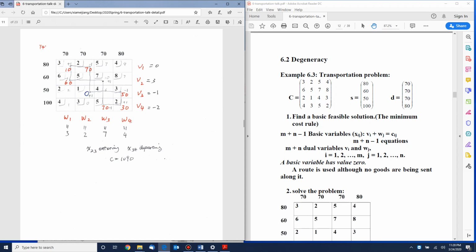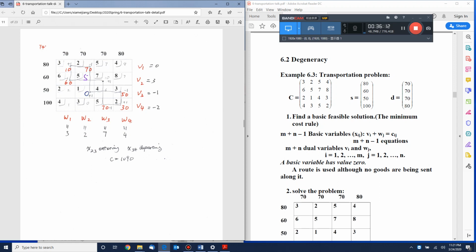That is for the first row, cell 1, 3, that's 7, 4, and then in the second one, we have 5 here. I missed the 5 in cell 2, 2. That's V2 plus W2 equals 5.